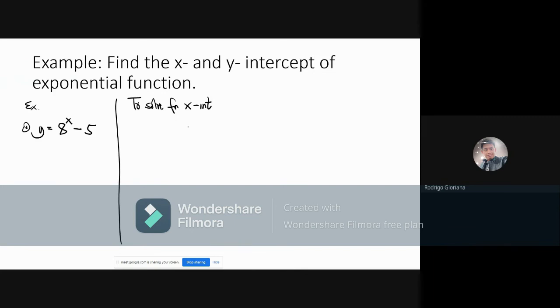To solve for the x-intercept, we let your y equal to 0. So, substitution, we have now 0 is equal to 8 raised to x minus 5. And then, we add both sides by 5. So, we have now 5 is equal to 8 raised to x.